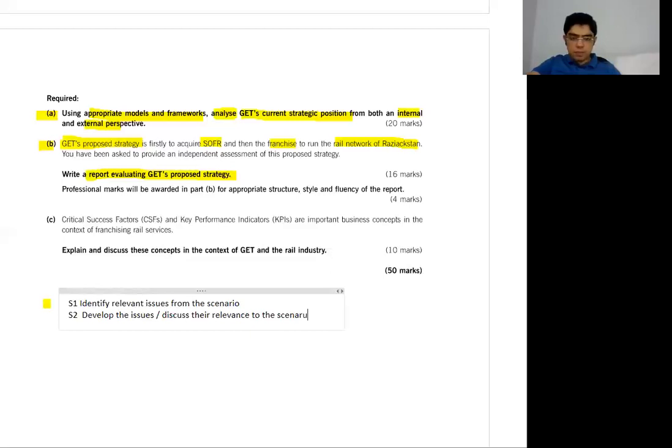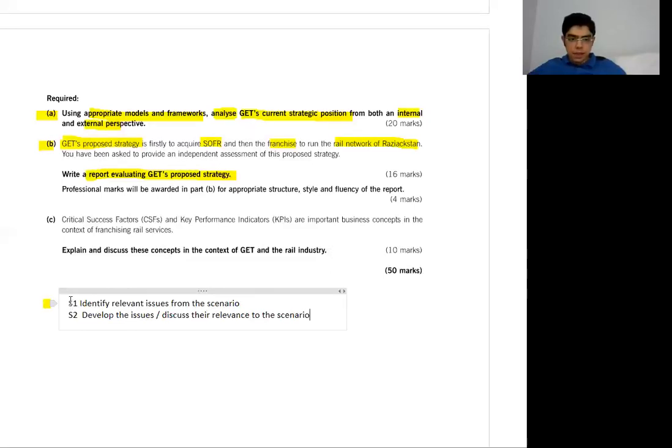For example, just as an example, right? You have this example.